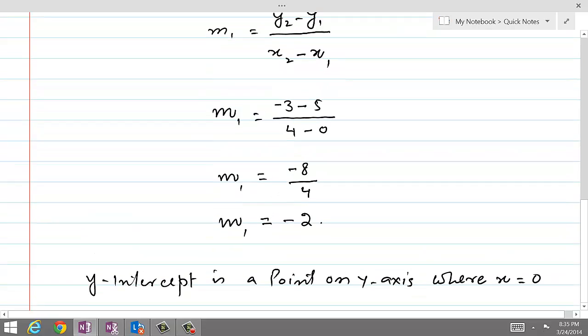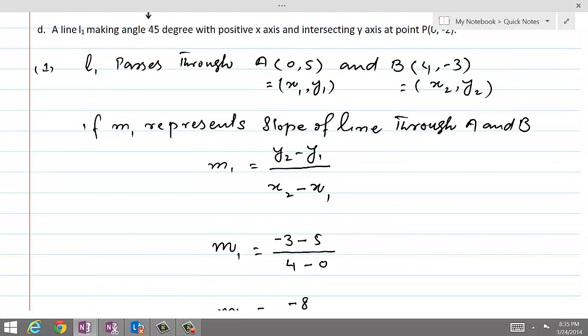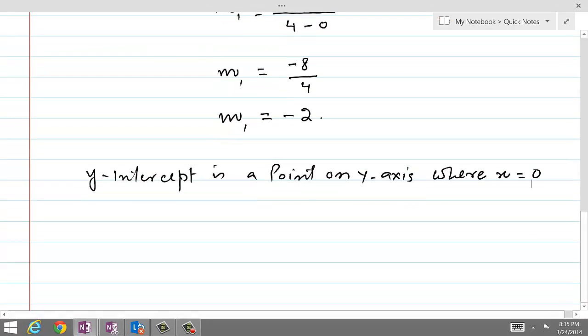And if you look carefully at these points, one of the points has x equal to 0. Point A has x equal to 0, the abscissa there is equal to 0. Therefore, point A is the y-intercept for this line.